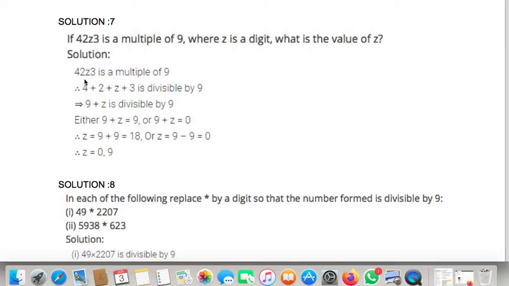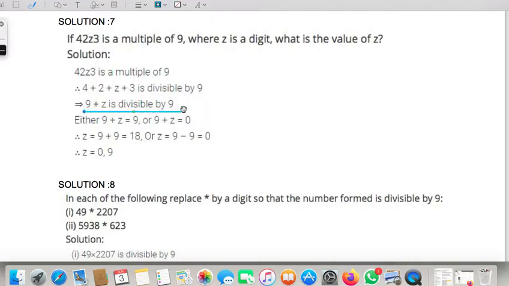To find the value of Z, what we know is that this is a multiple of 9. If this is a multiple of 9, then what do I know by the divisibility rule? The divisibility rule by 3 and 9 are the same: the sum of the digits is what we find out. Let us add all the digits. 4 plus 2 is 6, 6 plus 3 is 9, 9 plus Z. Now the sum of all these is 9 plus Z. It is given that it is divisible by 9.